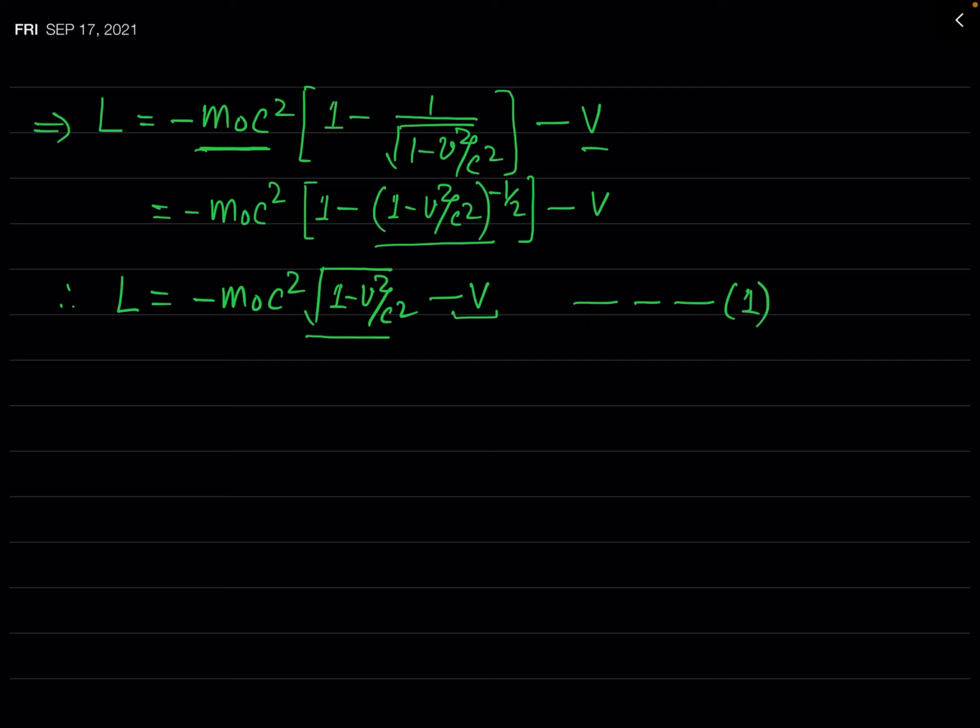Our present concern is that our particle is moving in an electromagnetic field. So if you want to find the relativistic expression for the Lagrangian of our particle, you must use the relativistic expression for potential energy.